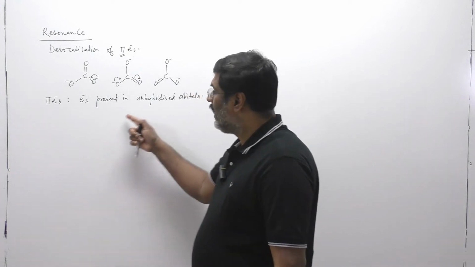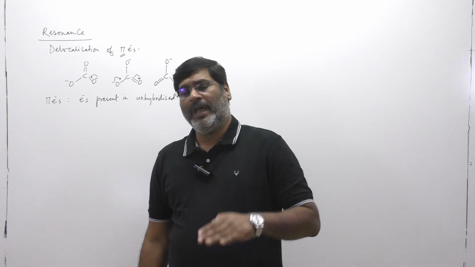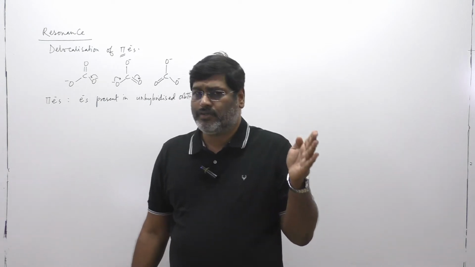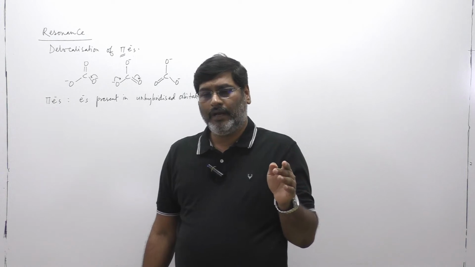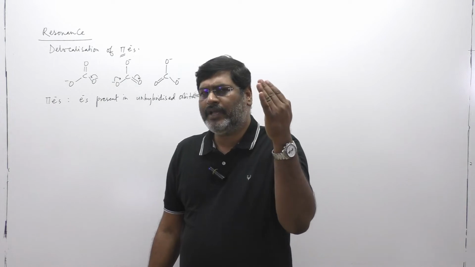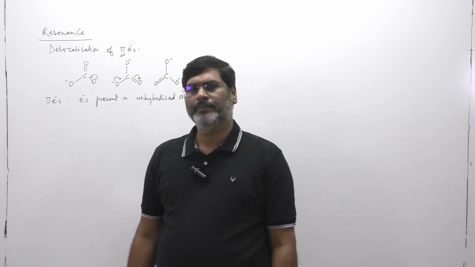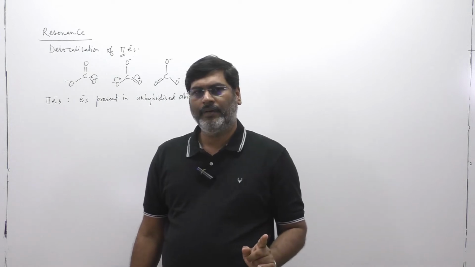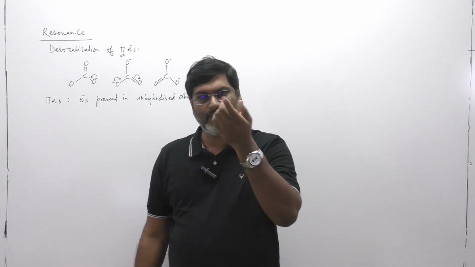But why have I written this? Because you may have another situation where electrons are present in unhybridized orbitals but not forming a pi bond. Understand? That time how you count pi electrons is very important.